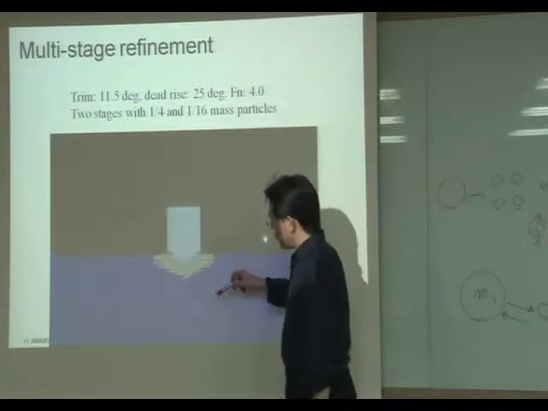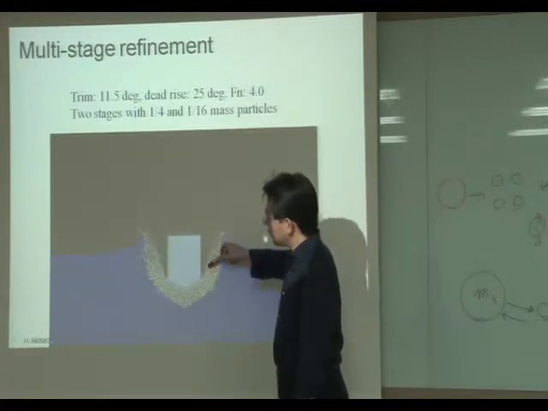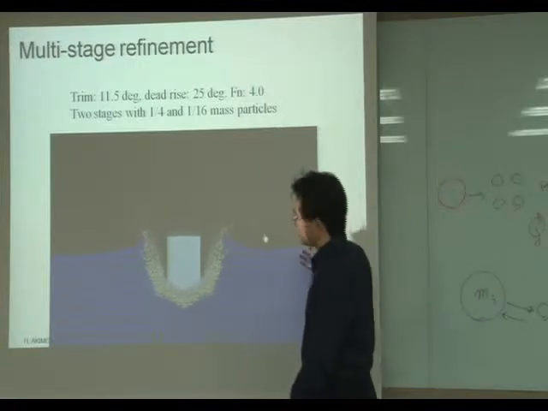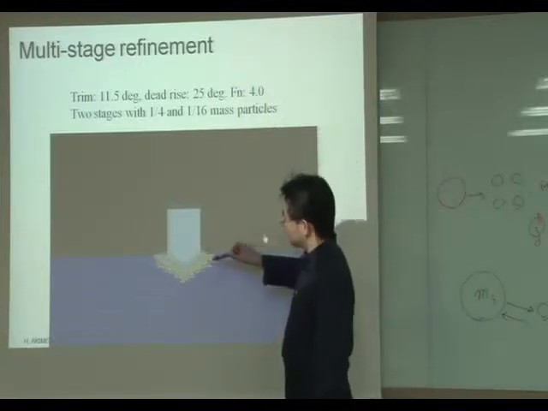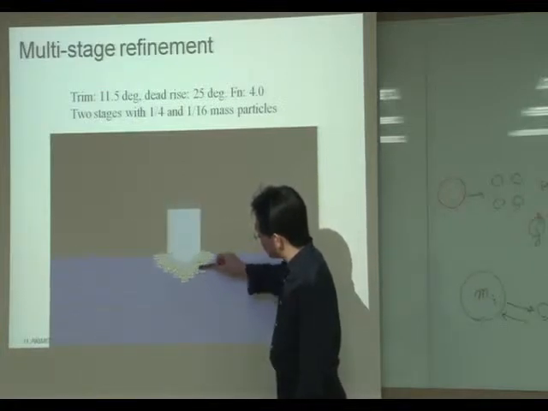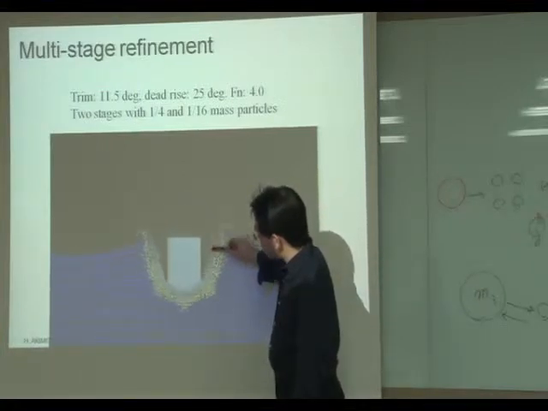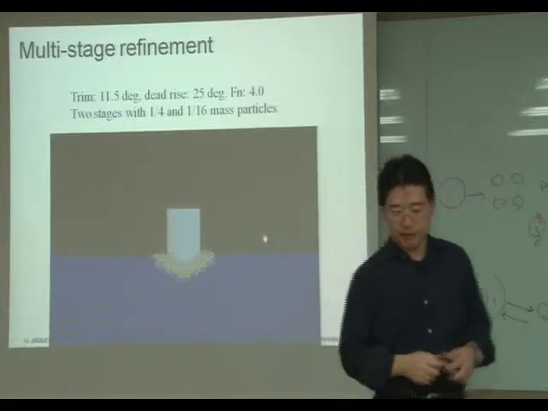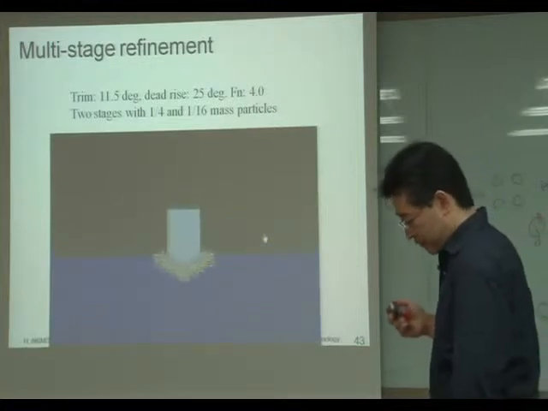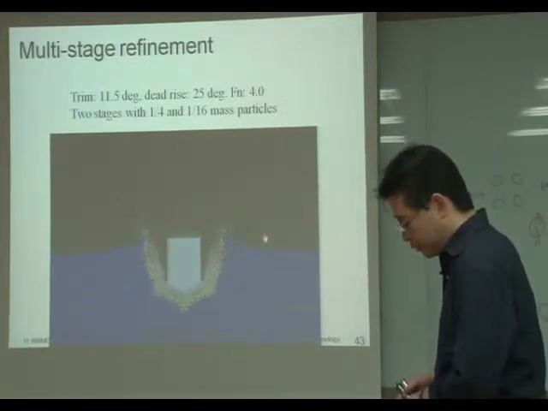So the computational cost is not significantly increased from the basic resolution, but it can show very realistic flow simulation around the body surface. So it is a merit of resolution control.